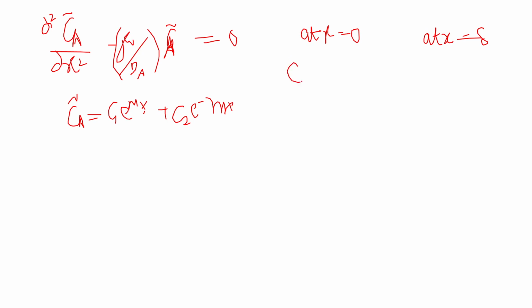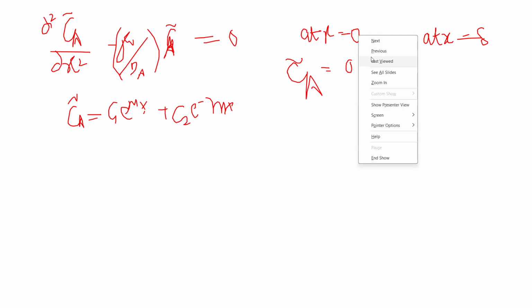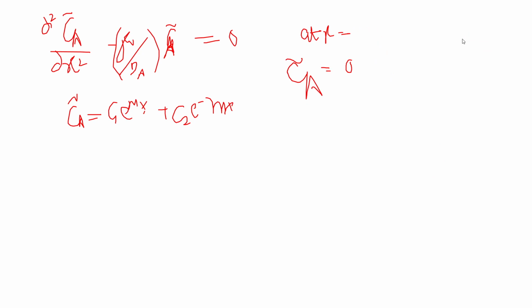At x equal to 0 you'll have a boundary condition where, okay, this will be the first boundary condition. Sorry, this is at del, that is towards the outer, where it is meeting the bulk solution.